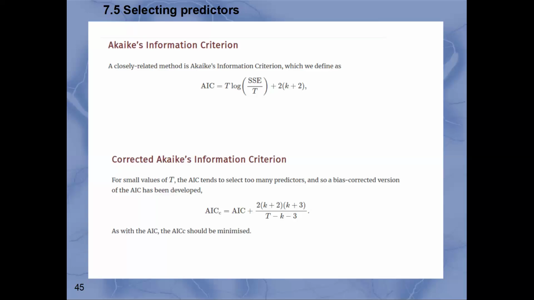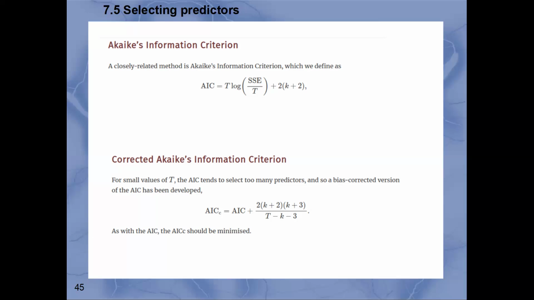If we look at AIC, this is a closely related method in which we define AIC to be T times the log of the sum of squared errors over T, plus 2 times k plus 2, where k is the number of predictors.